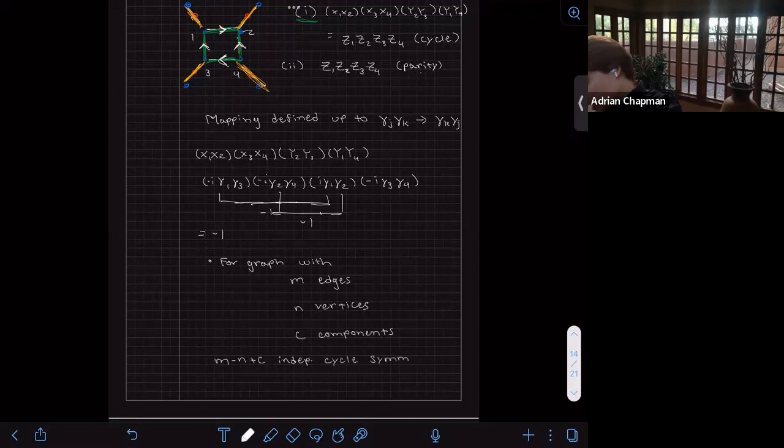So as edge subsets, that's how many independent cycle symmetries you have. So this is the number of cycle symmetries.